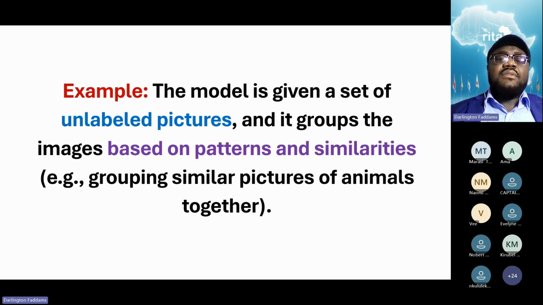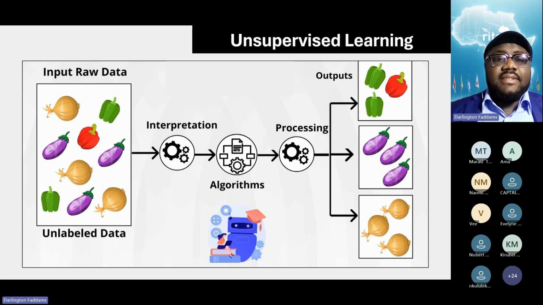Most of the time during unsupervised learning, most of the time, not all the time, the model is taught to do what is called clustering or grouping. And so by looking at the data, it's able to cluster them and group them based on similarities. This is unsupervised learning. Look at this data, raw input of pictures.